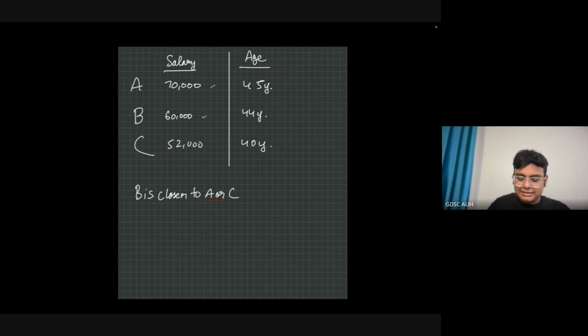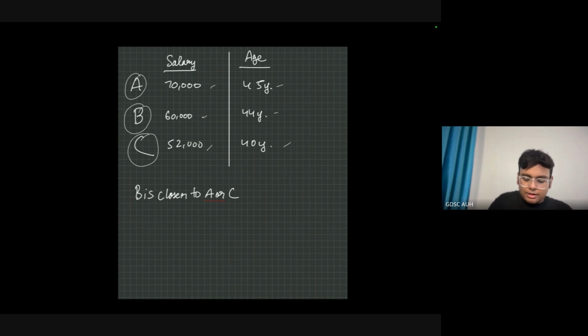This is the salary and this is the age of a person. Be vigilant because we are going to use this, and I want answers from you as well. Now we have a person A, a person B, and a person C. Person A has a salary of 70,000 and an age of 45 years. B has this, C has this.